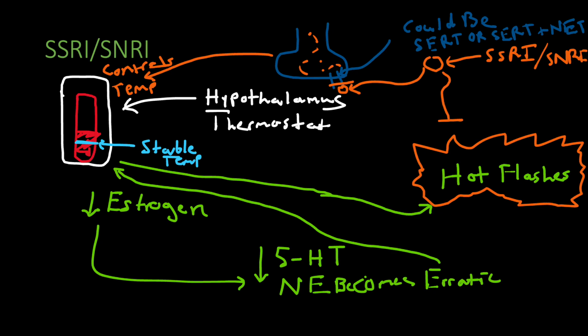SSRIs, SNRIs, there's a lot going on in this drawing, but what I want to show you here is that the main thing is when there's a decrease in estrogen, then there's a decrease in serotonin, and when that happens, the temperature of the brain area becomes a little bit uncontrolled.